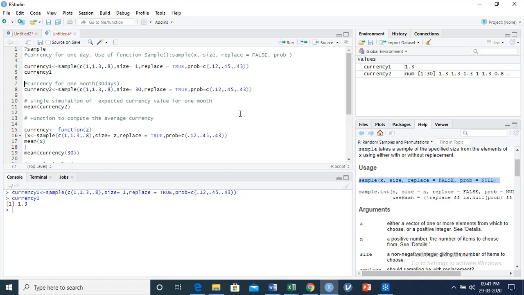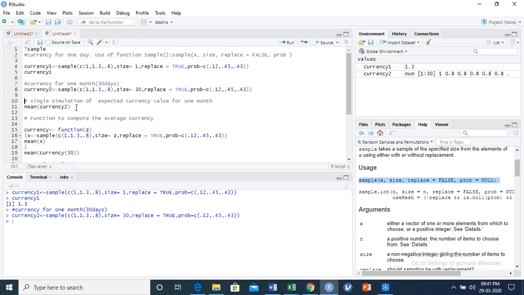Now using the same sample function we calculate the currency for 30 days, that is for the next 1 month. Just change the size: in the first case the size is equal to 1, now the size is equal to 30, and run.